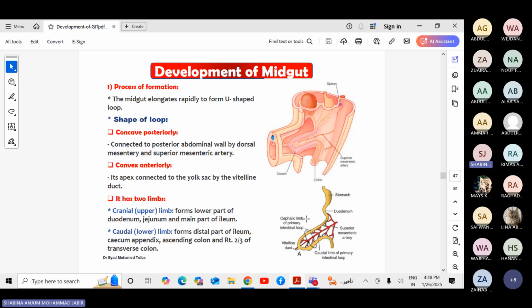Okay, why has the transverse colon come in front? The duodenum has gone back. Where is the superior mesenteric artery? Why is it there in between? Okay, it is because of its rotation.